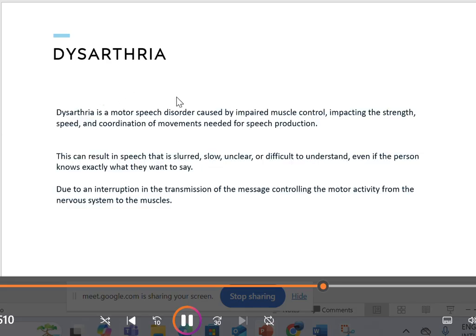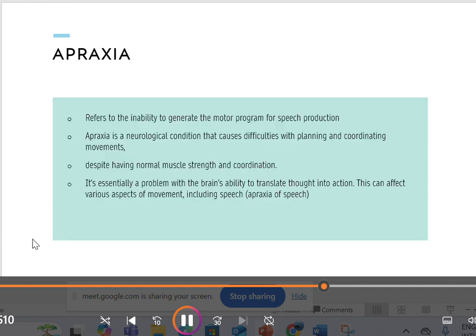Dysarthria was a motor speech disorder, whereas apraxia is a neurological condition that causes difficulty with planning and coordinating movement, despite having normal muscle strength and coordination. The muscles and signal are fine, but generation is the problem.